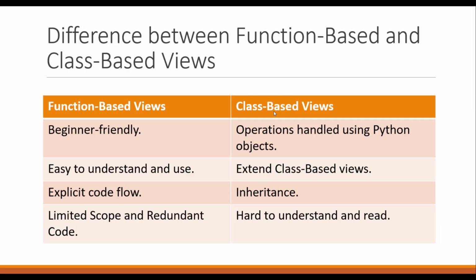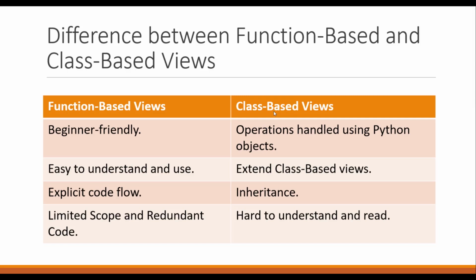So now we will compare this function based view with the class based view. Basically, class based view can be used in the place of a function based view, and in this class based view we are using Python objects instead of functions for performing all the operations.